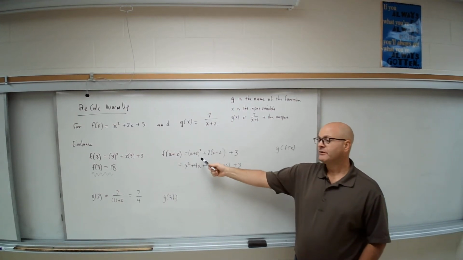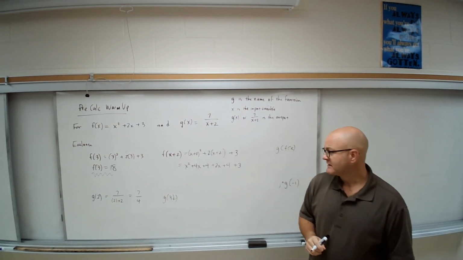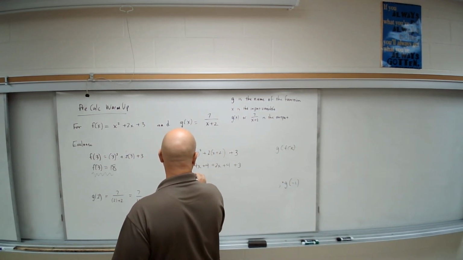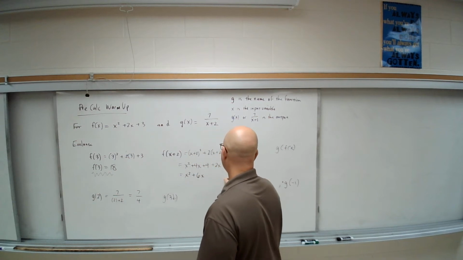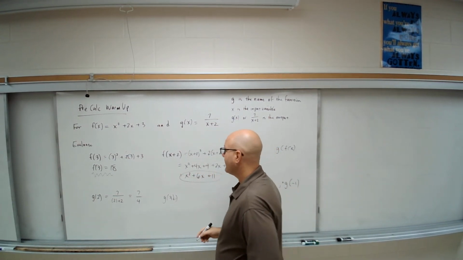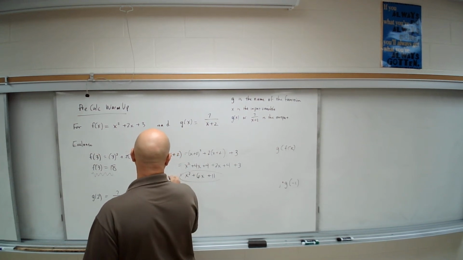Again, I distributed the 2 here, x plus 2 times x plus 2. And that's x squared plus 6x plus 11. And that would be f of x plus 2.